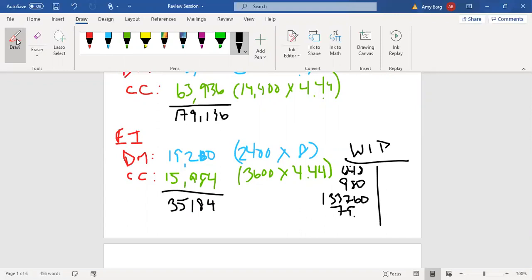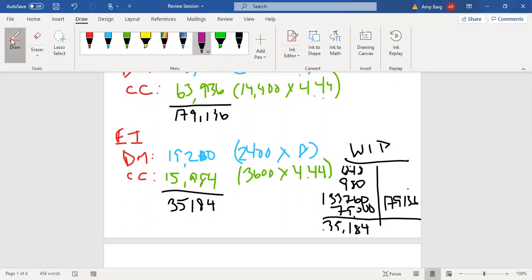These were all the things that we put into our WIP account during the period. We took out 179,136. And we have still left in inventory 35,184. So this is what was transferred out. This is what was remaining in WIP.